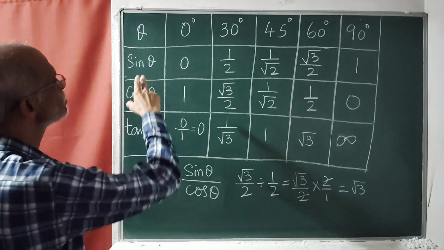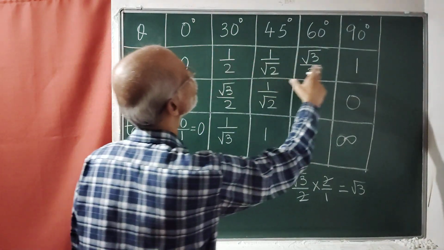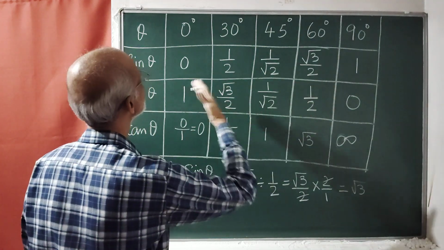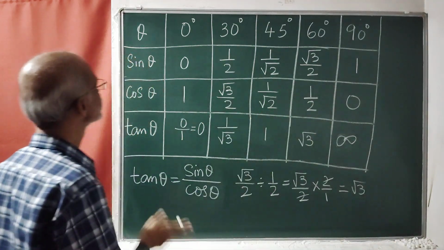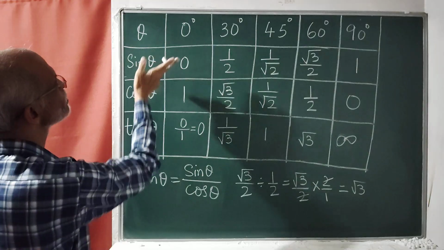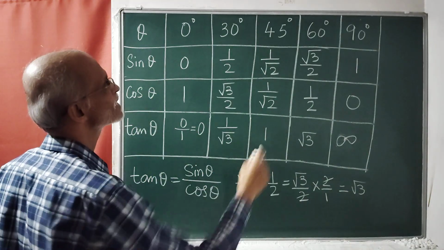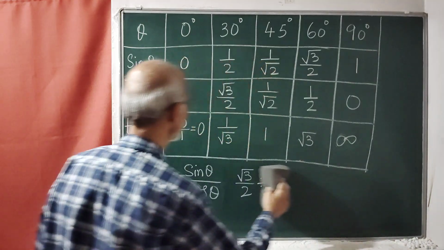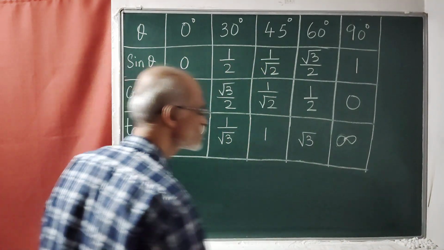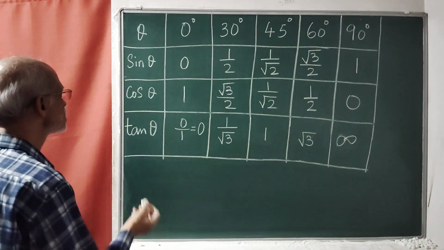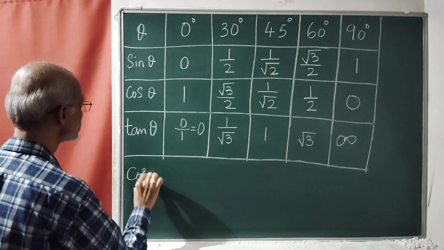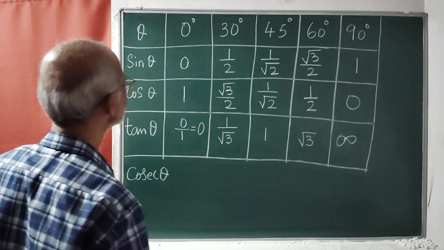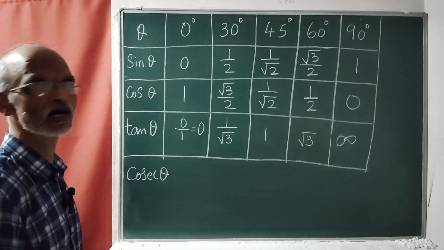You have to remember by heart the first row. Then you have to write for cos, write it in the reverse order. To find tan, divide sin theta by cos theta. You will get the tan theta. To get cosec theta, we have to take the reciprocal of sin theta.